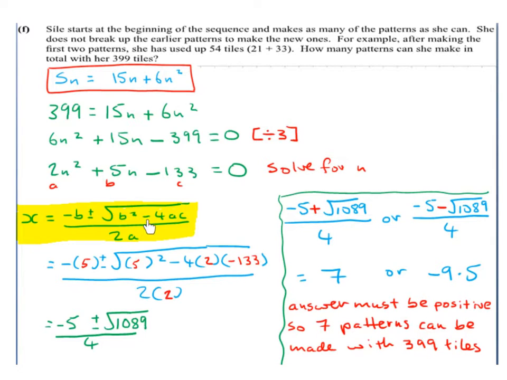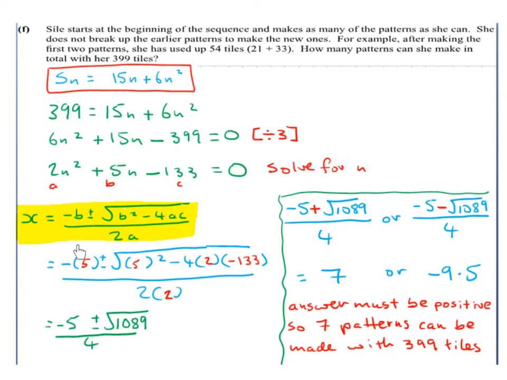Then we bring down the minus, and then we bring down the 4. And then the a, we swap for 2. So we have 2 with brackets around it. And then the c, we swap for minus 133. Again, you must use brackets. And then that's all divided by 2 times a, which is 2 times 2, because a is 2. And we have brackets again. So at this point, you should have no n's. It should just be numbers.